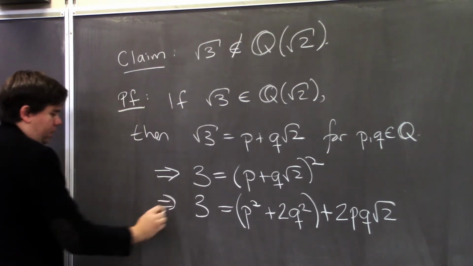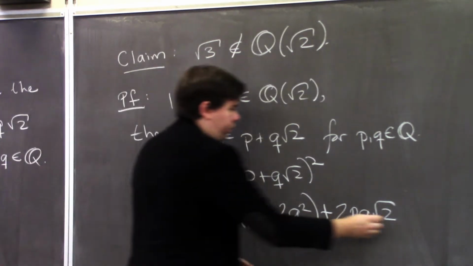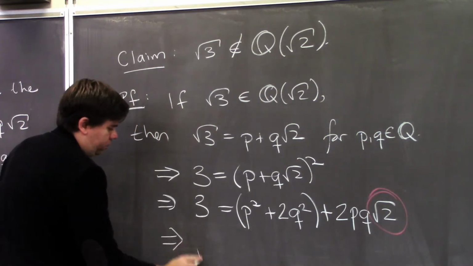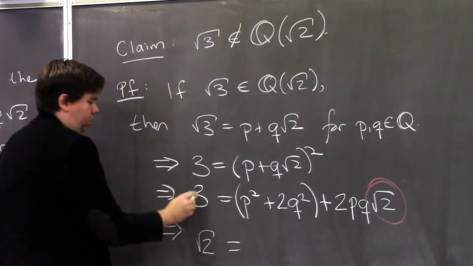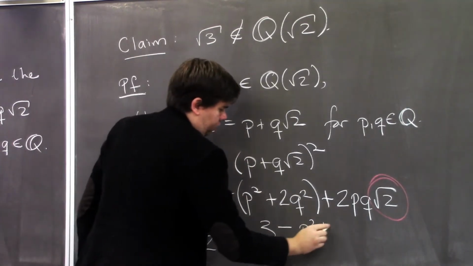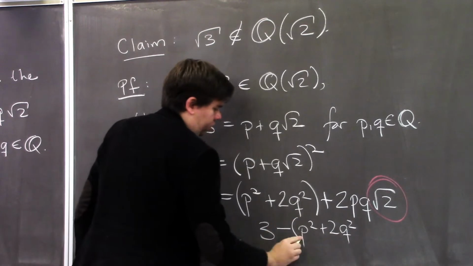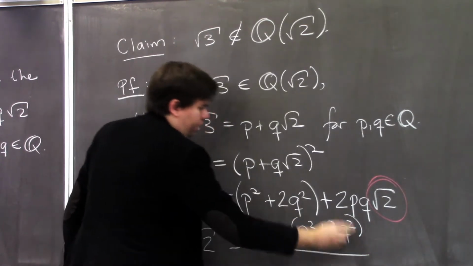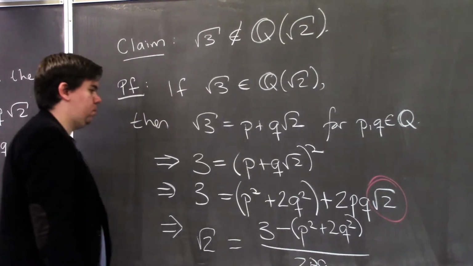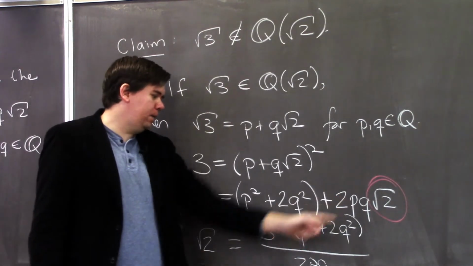But then I can solve for root 2, and I would get that root 2 is just 3 minus p squared plus 2q squared, divided by 2pq. Why can I divide by 2pq?